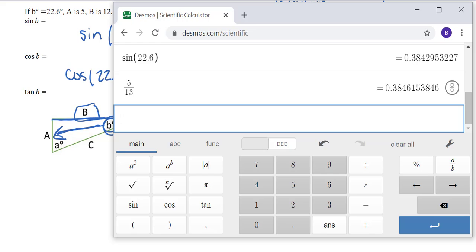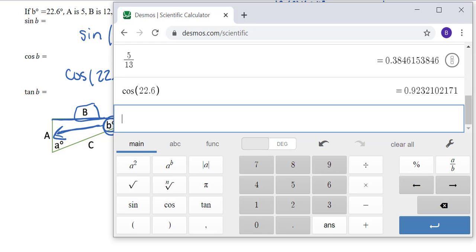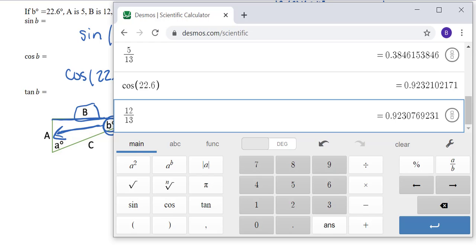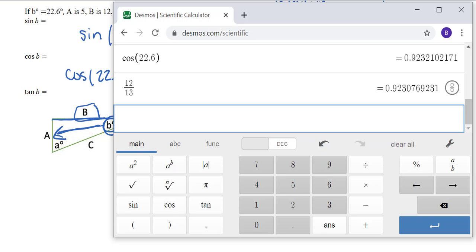Now let's go cosine of 22.6. What does that equal? Well, it equals 0.923. Now let's go 12 divided by 13, because those are the two sides, in regards to that ratio. And that equals 0.923.